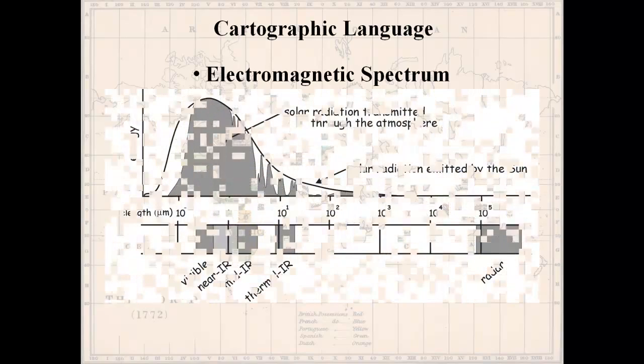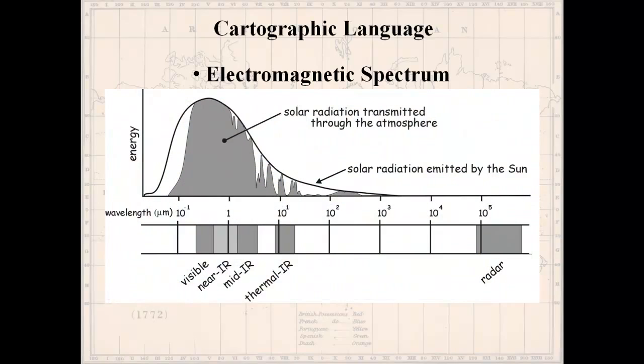Okay, so now we can move on to color. This is a chart that shows the electromagnetic energy produced by the sun. So this curve is the energy that is produced by the sun in terms of energy intensity versus the wavelength. These are the shorter wavelengths, shorter distances between peaks.